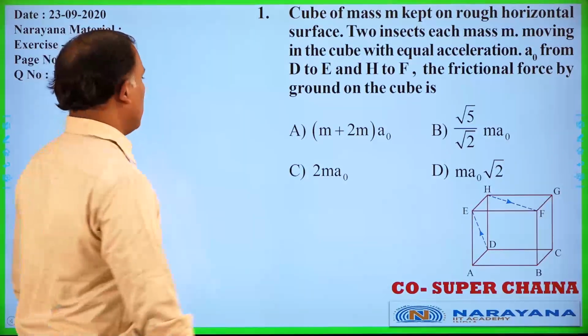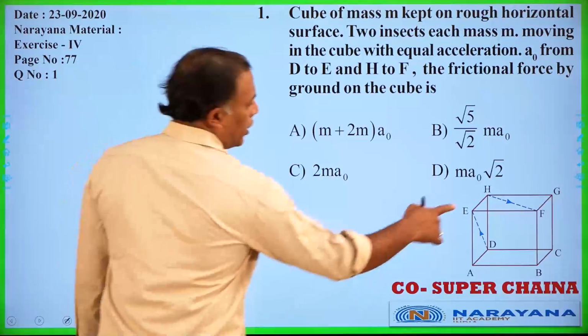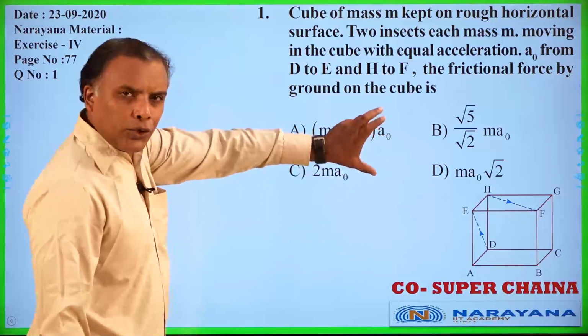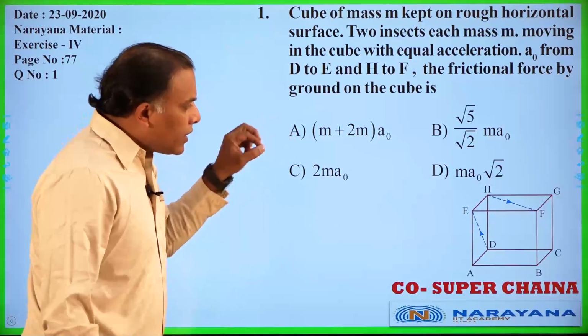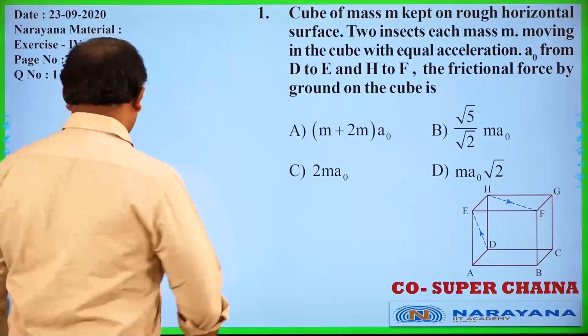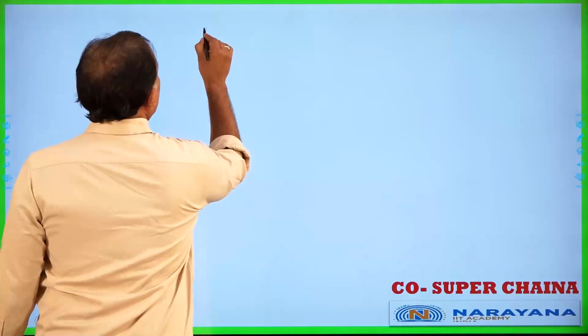Yes, see here. Now I am taking this H to F diagram, the entire cube I am considering. H to F is one direction and D to E is another direction.